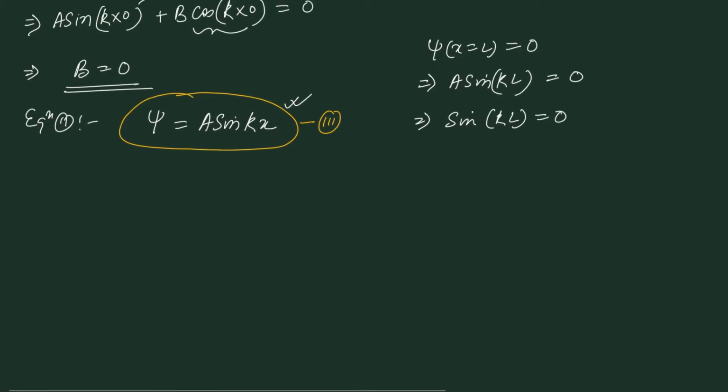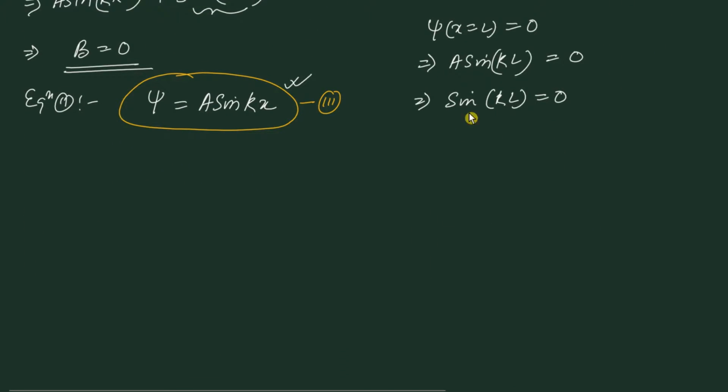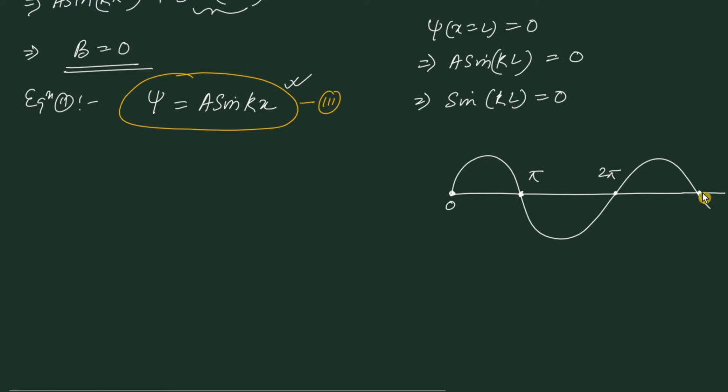Now what is the significance of this? Sine of something is equal to 0. What does that mean? If you look at the sine function, it can be 0 at theta is equal to 0, it can be 0 at theta is equal to pi, at twice pi, at thrice pi.